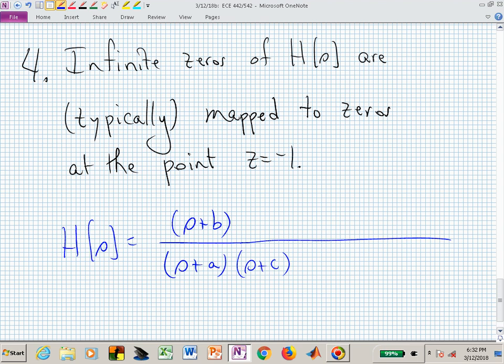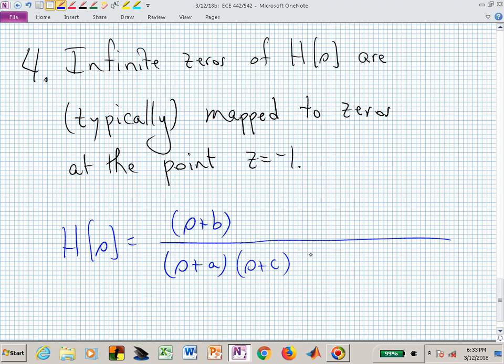How many finite poles do I have? 2. How many finite zeros do I have? 1. What's my pole zero excess? 2 minus 1 is 1. So now I would have a z plus 1 factor in my numerator and my discrete equivalent.